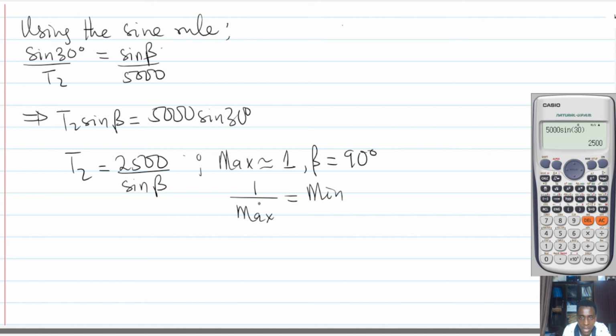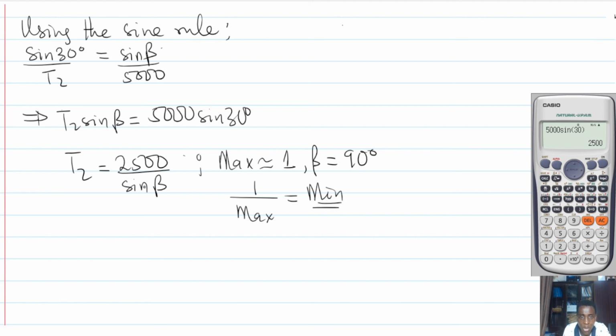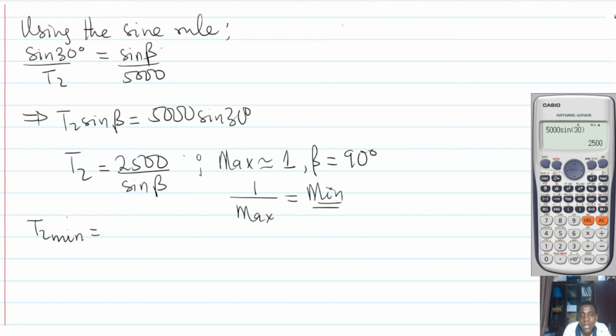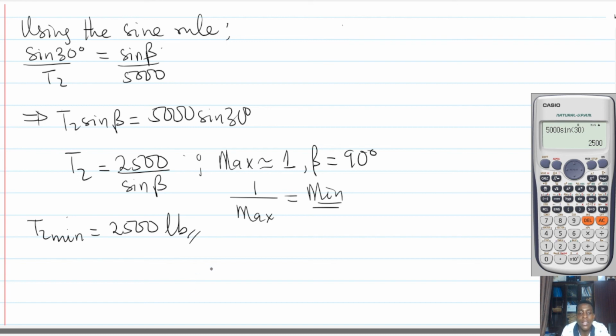It means that the minimum force is actually going to be 1 over the maximum. So the minimum force T min will occur when sine beta is actually 1, so that 1 over the maximum will give me the minimum. And so in fact, the minimum force is actually 2,500 pounds. All right, so that's how we solve problems like such.